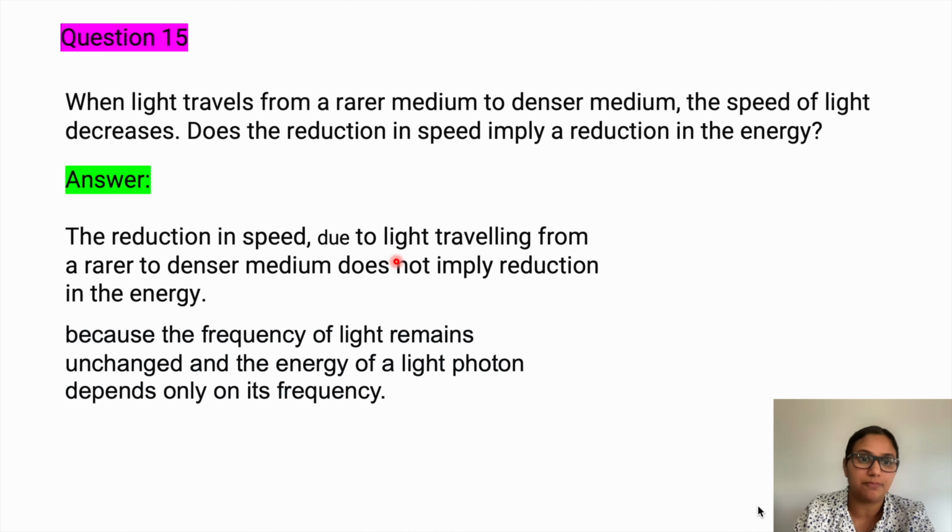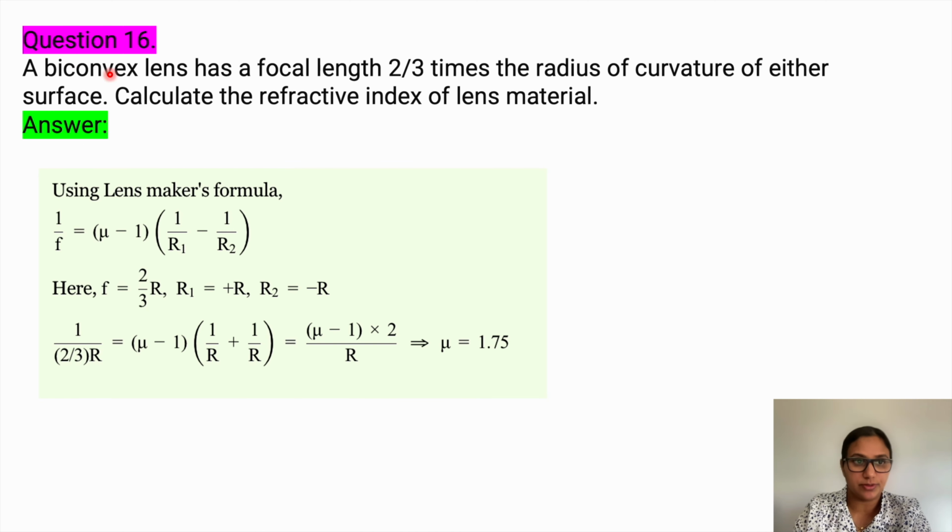Next question. A biconvex lens has a focal length 2 by 3 times the radius of curvature of either surface. Calculate the refractive index of the lens material. So we have the lens maker's formula and substitute the values.